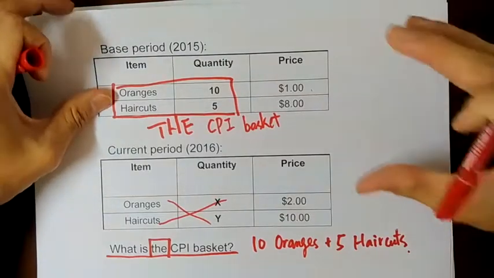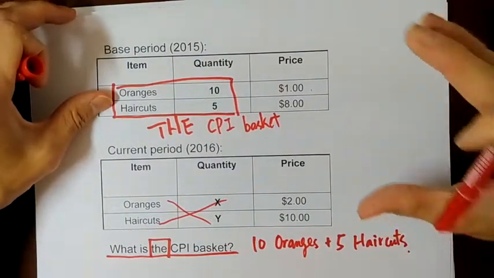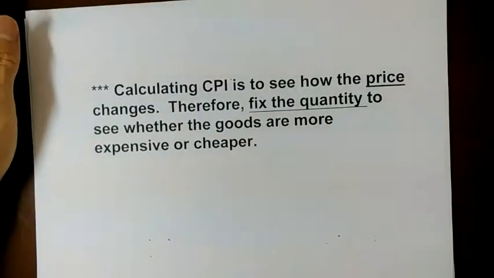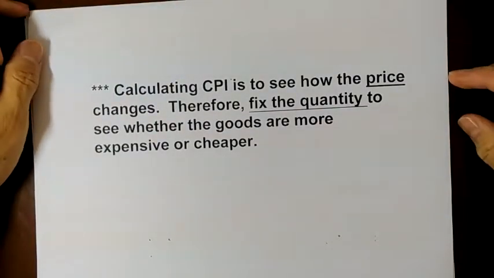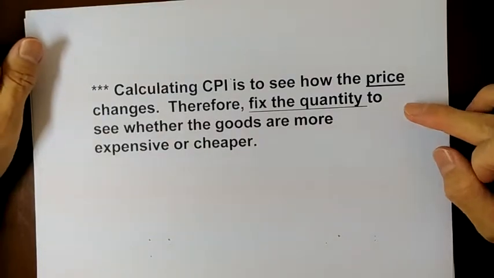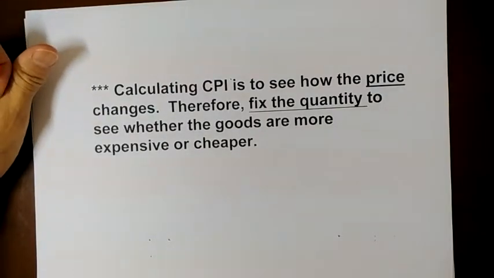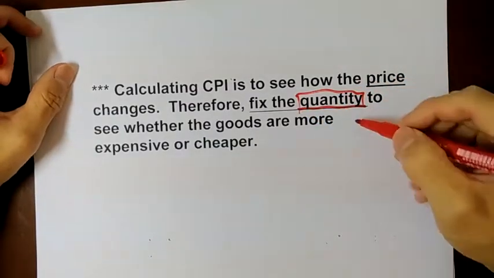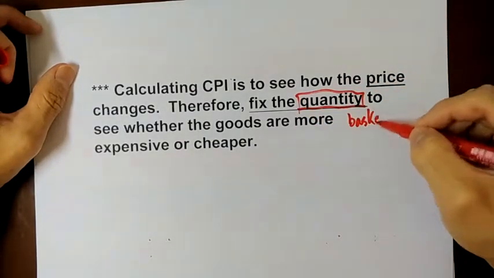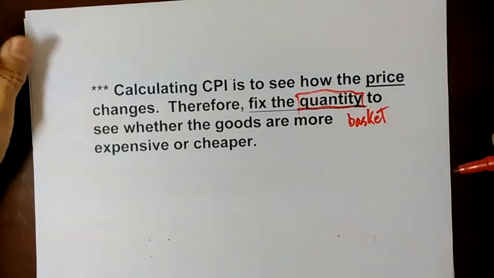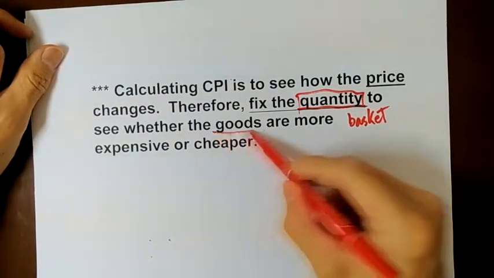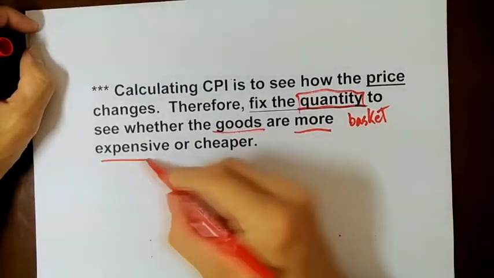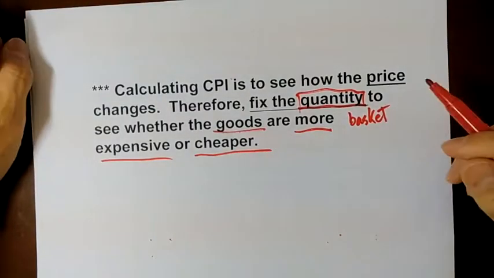We want to know the change in price of the goods and services that we consume. Therefore, what we have to do is to fix the quantity, the basket of the goods to see how this basket of goods and services are more expensive or cheaper.